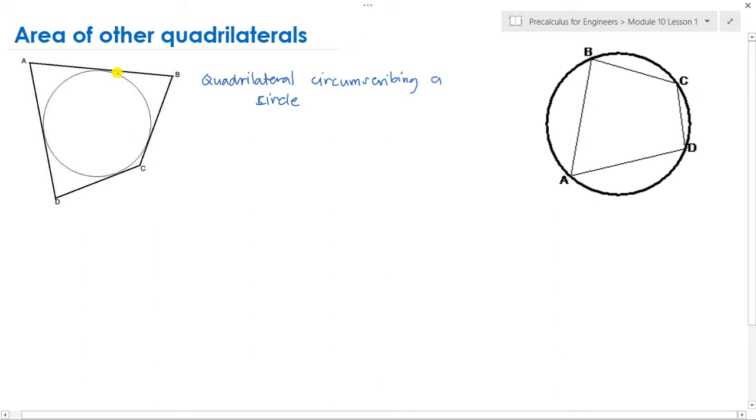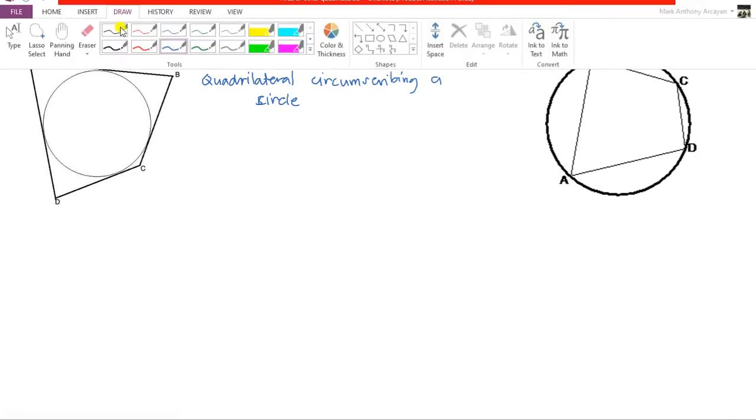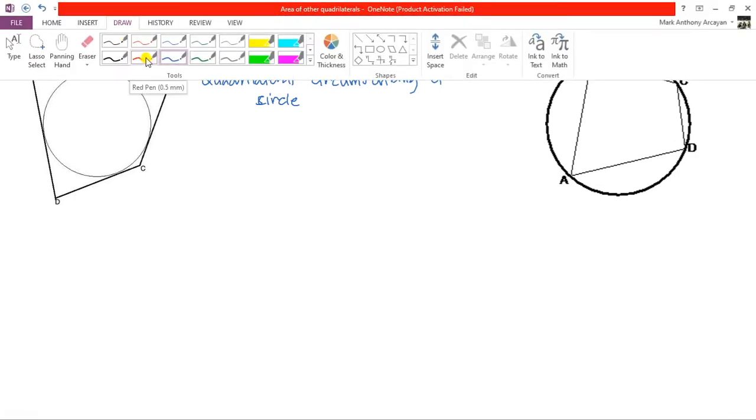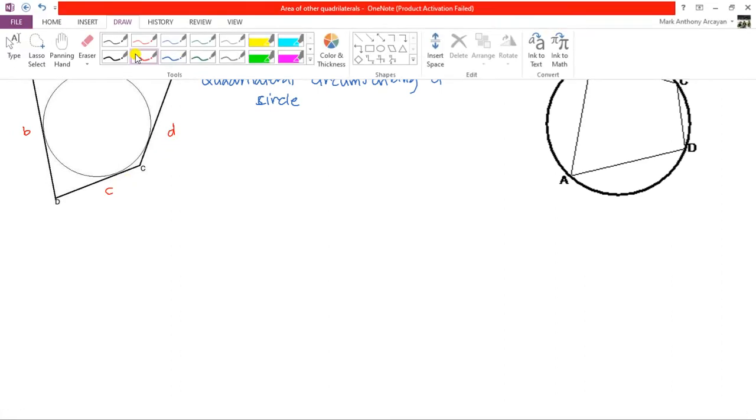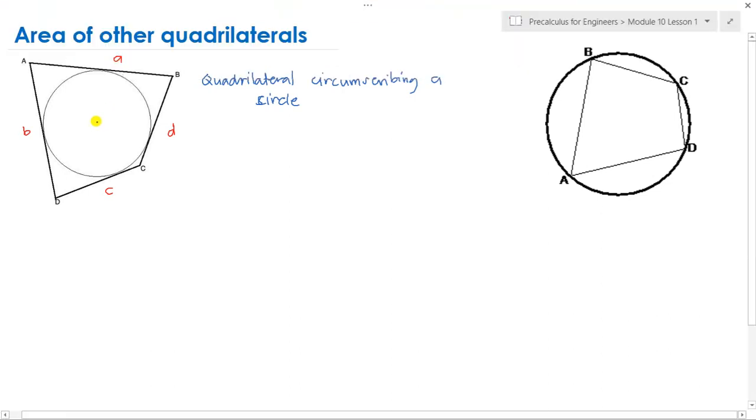So in this derivation, class, we will derive the area of a quadrilateral circumscribing a circle. The given are all the sides, so we indicate side A, side B, side C, and side D, and also the radius of the circle. Let's say this is the center.